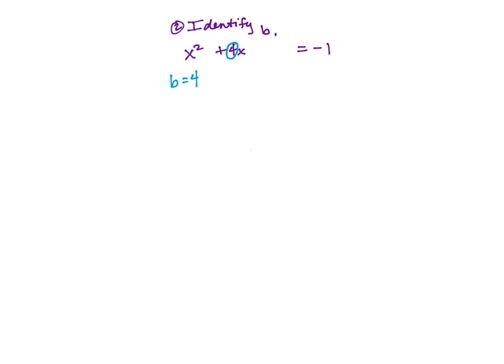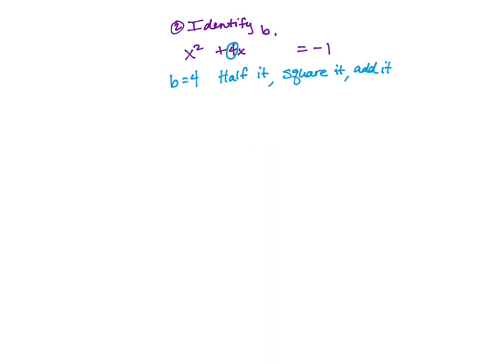Once you know what b is, you're going to half it, square it, and add it back. So b is 4.